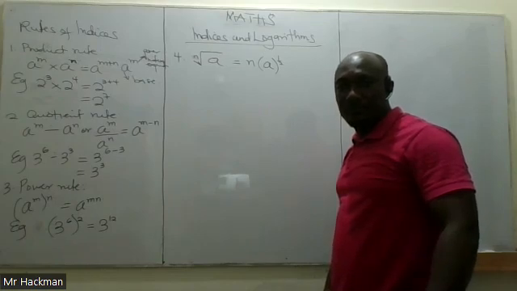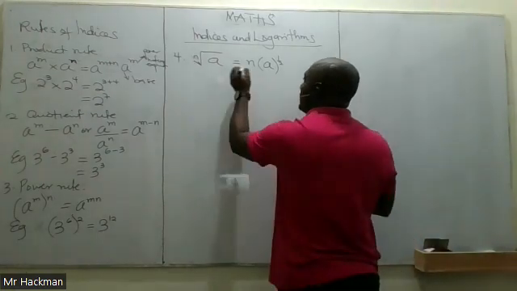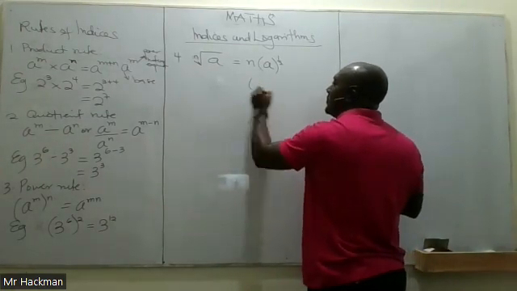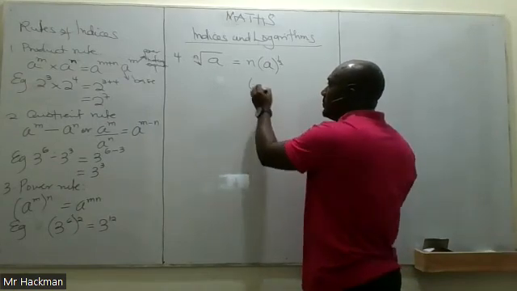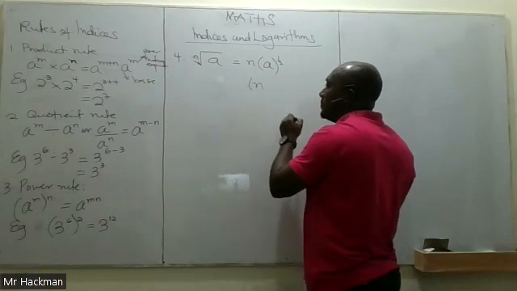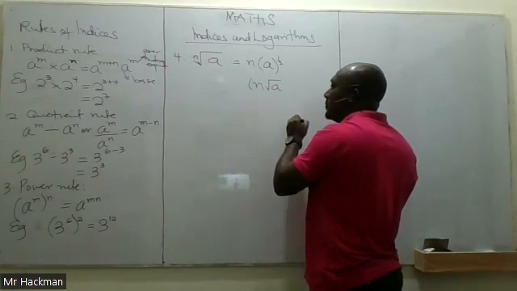I think it will be into brackets, the nth root of a, and then close bracket, half.